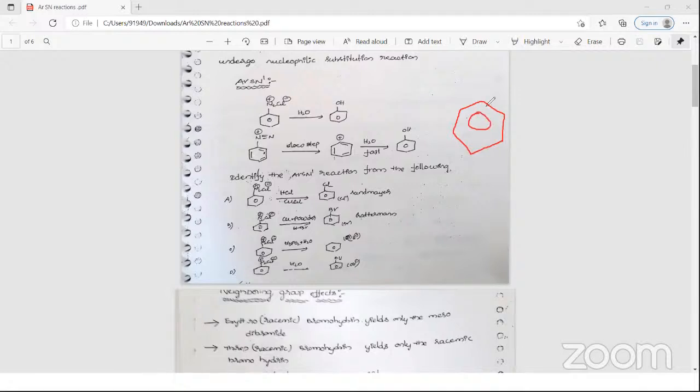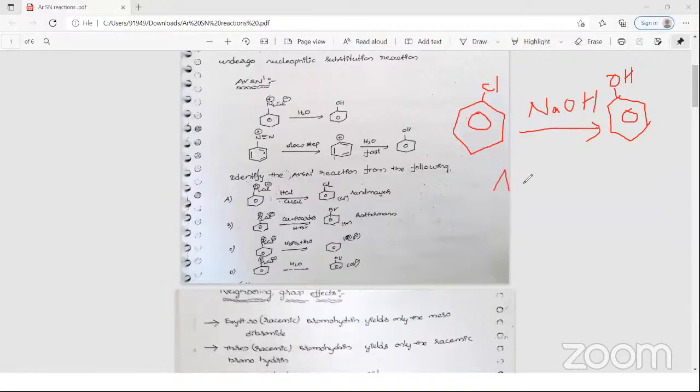What is happening to this chlorobenzene? In the presence of NaOH at 300 degrees centigrade, very high temperature is required, it gives phenol. Okay, phenol is formed. What type of reaction is it? It is again the same type of reaction, SN1, that is Ar-SN1 reaction.